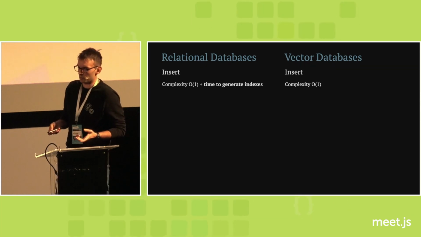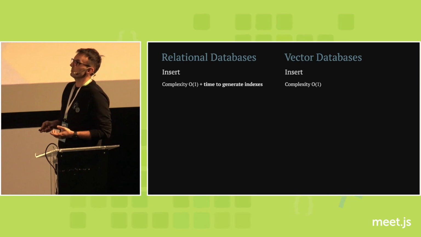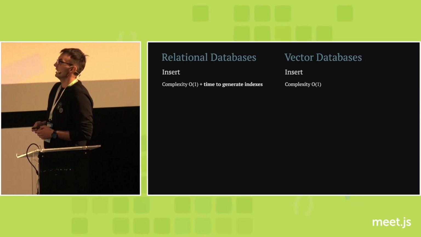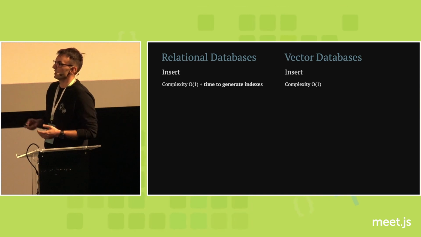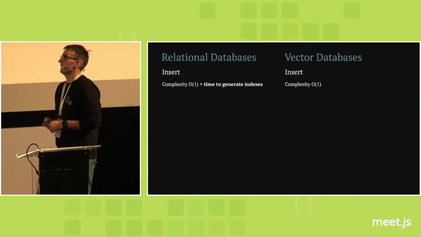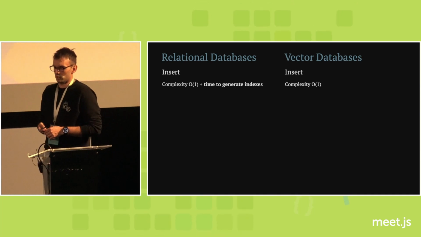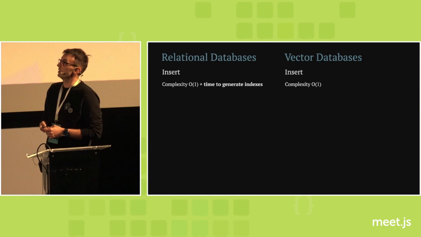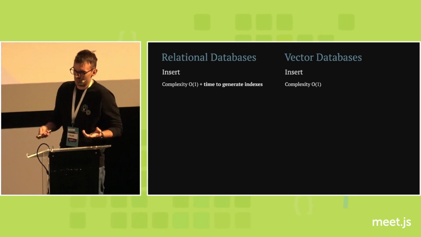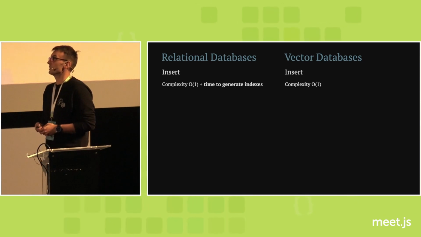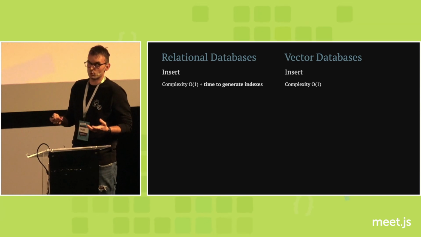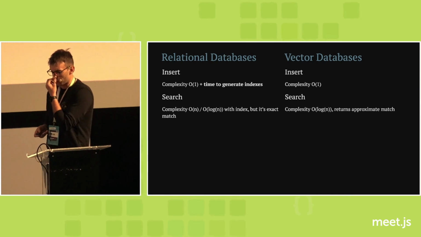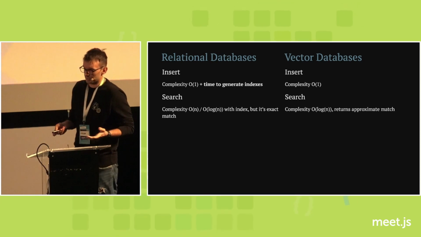But in the relational database, we need to allocate some time for generating indexes to have the ability to search for the element in a table, for a column that we want to search for. After each insert, maybe you have some different policy, but we have to allocate this time. In case of the search, it depends.